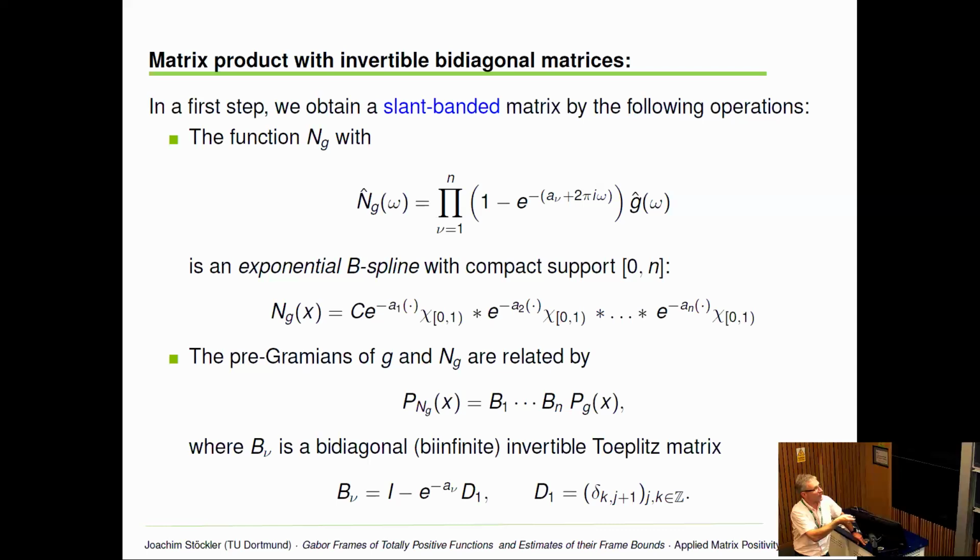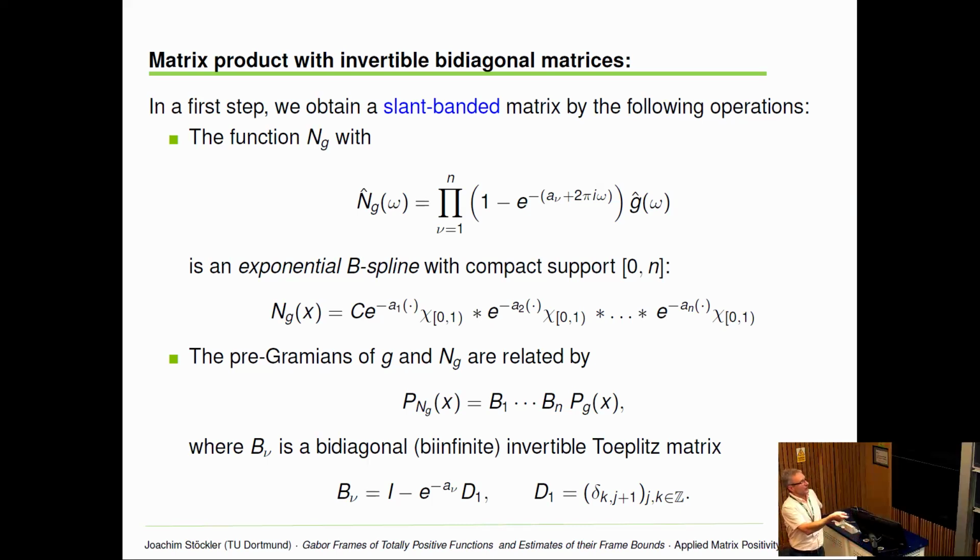So when all these a nu's are 1, the corresponding g should be a truncated power, which is not allowed because it's not in L1. So it's not a Pólya frequency function, but it is a totally positive function, by the way. So there we have another example, but it's not an L1 function. And then you end up with the ordinary B-spline. Anyway.